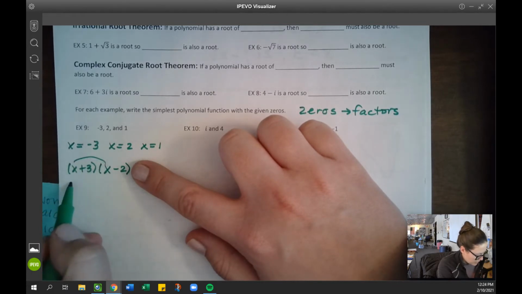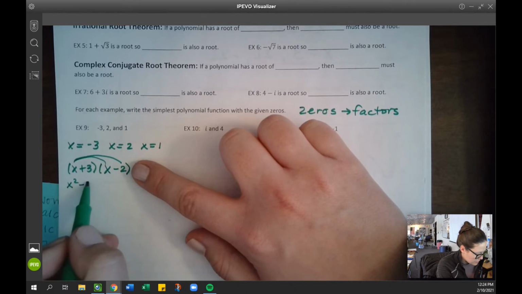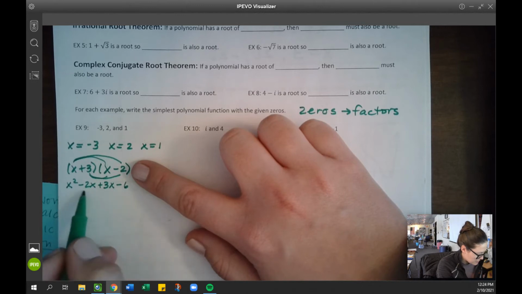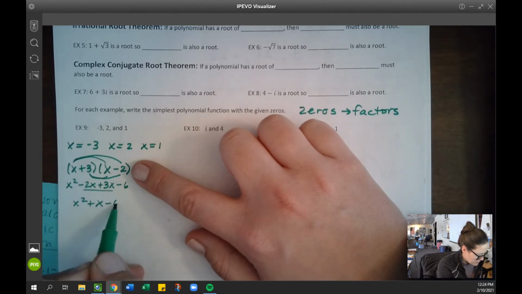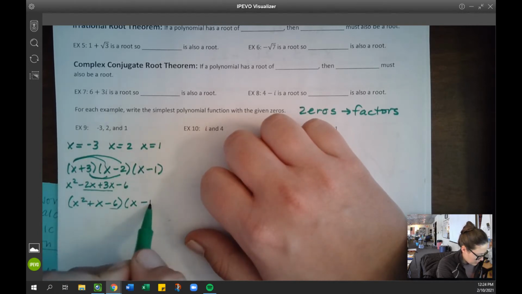So I have x times x is x squared. x times -2 is -2x, plus 3x minus 6. I can simplify that a little bit, so I have x squared plus x minus 6. Then I'm going to take this and multiply it by the last factor.